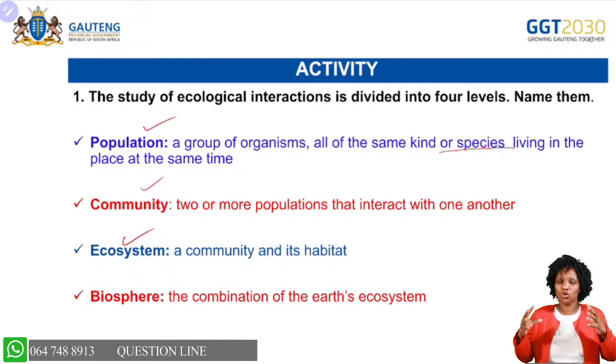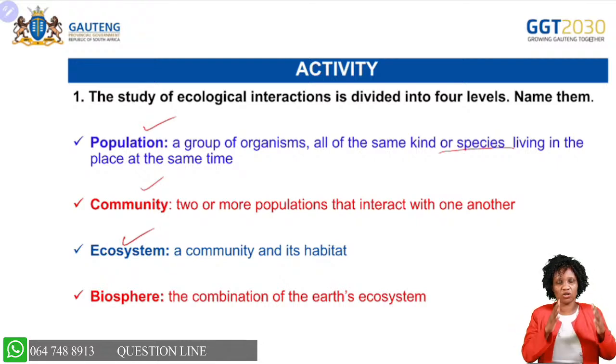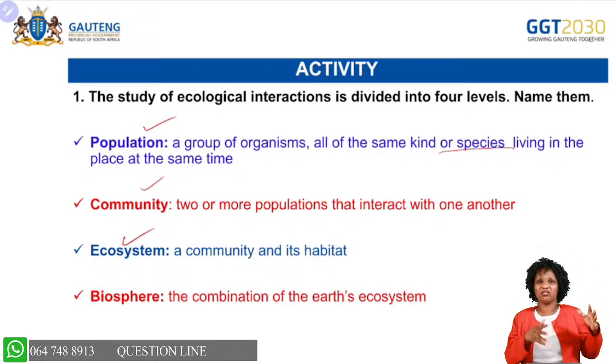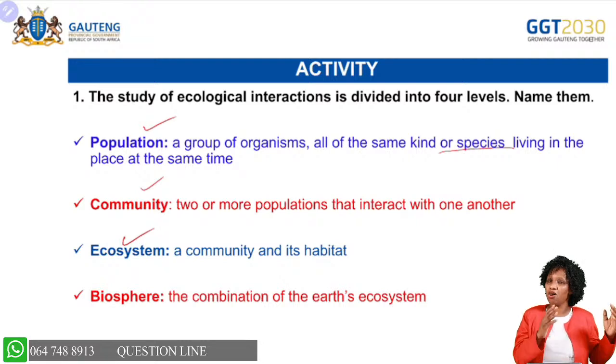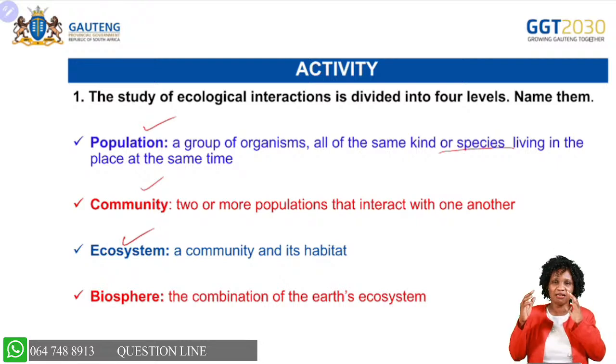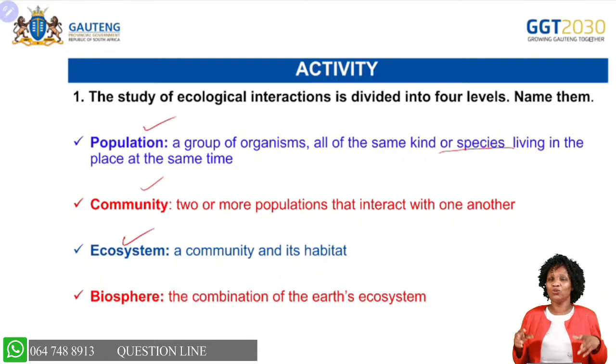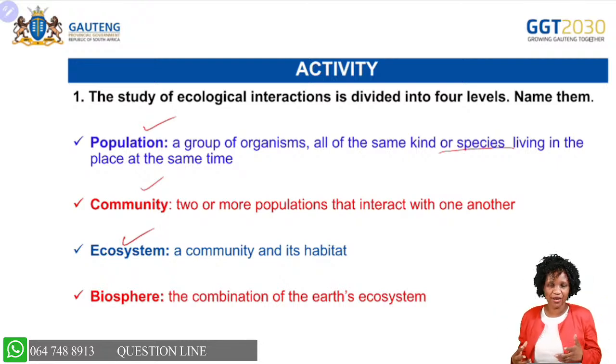Animals are going to interact with the non-living. When we're talking about the living and the non-living, we're talking about animals. We're talking about bacteria. We're talking about protists. We're talking about fungi. Or the living, we're talking about plants. Then they interact with the non-living, which is the wind, which is the sunlight, which is water, which is the soil.